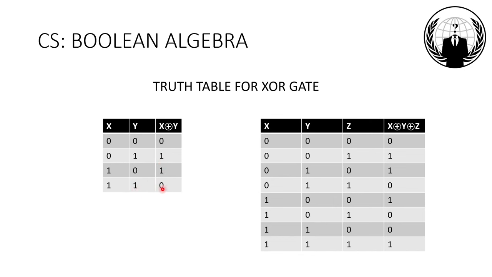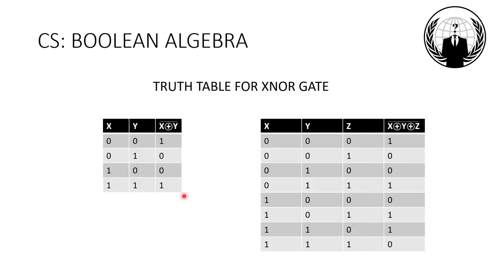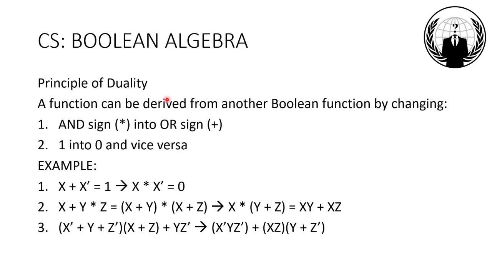Here in this case, the number of high inputs was even, so the output is 0 or low. Now here was the truth table for XNOR gate, where if the number of high inputs is even, the output is true, or if all the inputs are false, the output is also true, and in other cases it will be false.